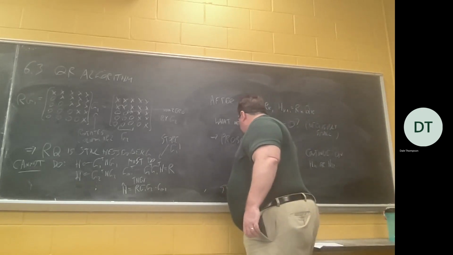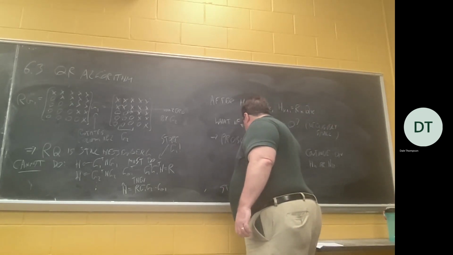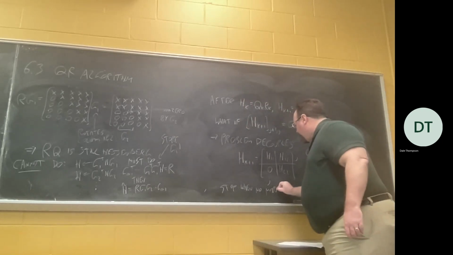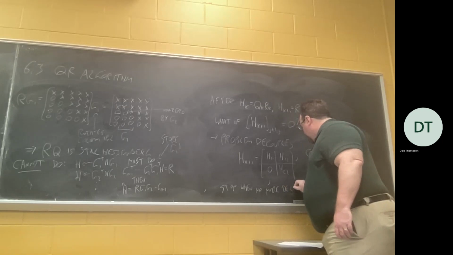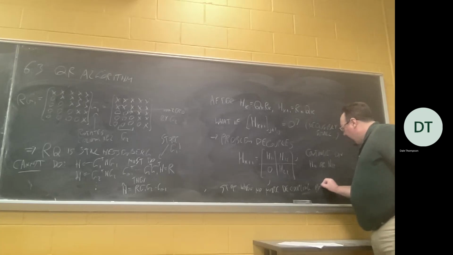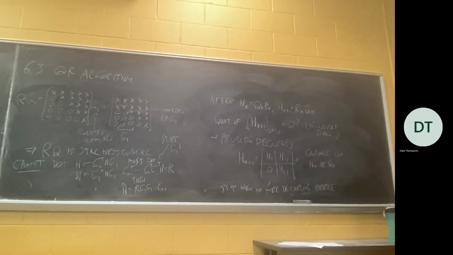Then you stop when it's no longer possible to achieve a decoupling. In other words, your matrix is in that desired block upper triangular form where all the blocks are 1 by 1 or 2 by 2.